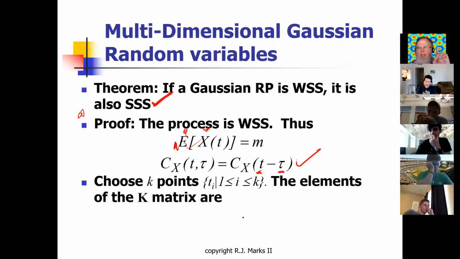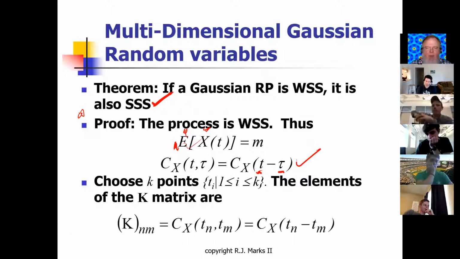If we have wide sense stationarity, the autocovariance is only a function of t minus tau. That means that all of the elements in the autocovariance matrix are a function of t minus tau. And as long as the separation between t minus tau remains the same, you're going to get exactly the same autocovariance matrix.